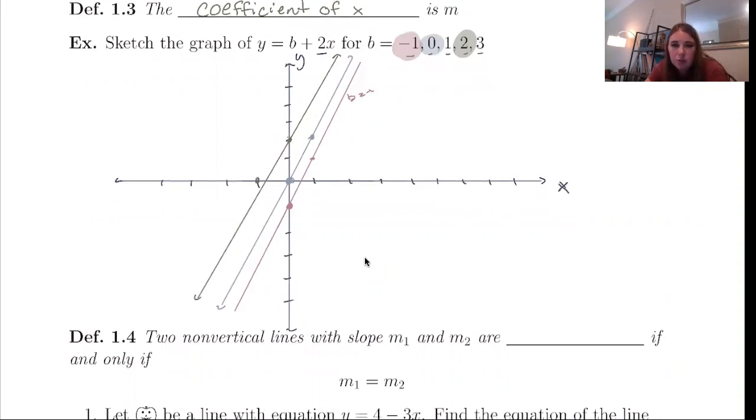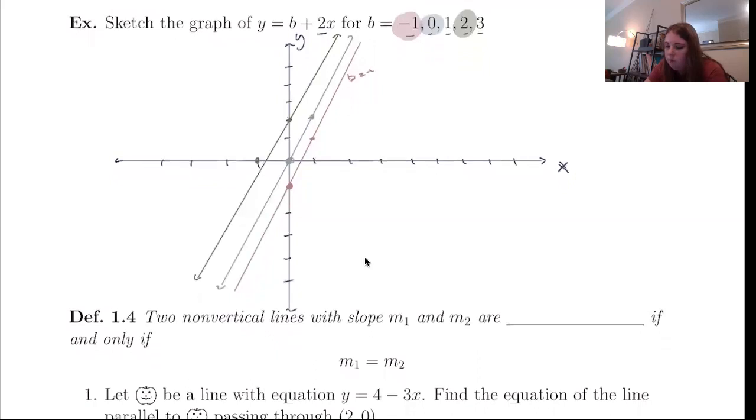We say that 2 non-vertical lines with slopes m1 and m2 are parallel if and only if m1 equals m2. So they have the same slope. All of these different colored lines have the same slope, but they just have different y-intercepts, right?